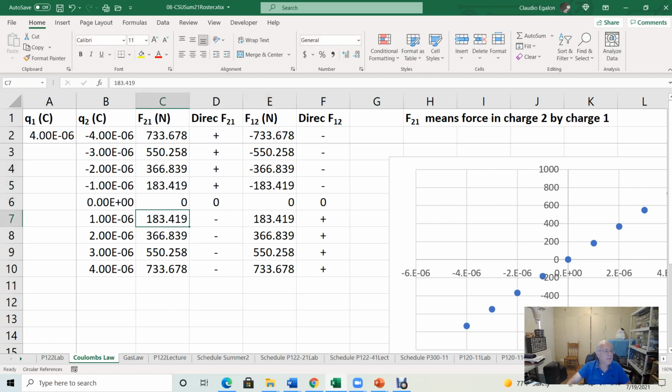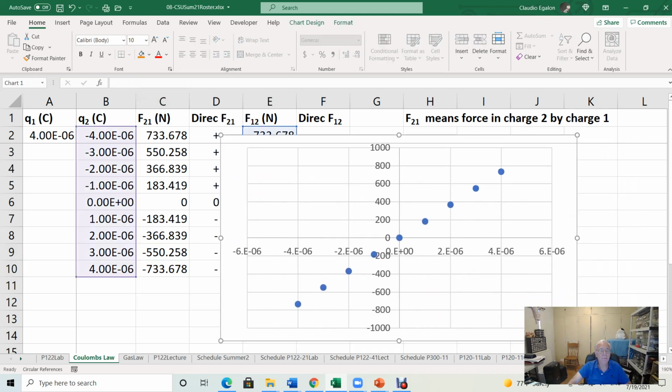Similarly, we're going to put the negative signs here, which means negative direction along the x-axis. And now that we put the right sign in the numbers, we get a real straight line. Okay? Force along the y-axis, charge along the x-axis.